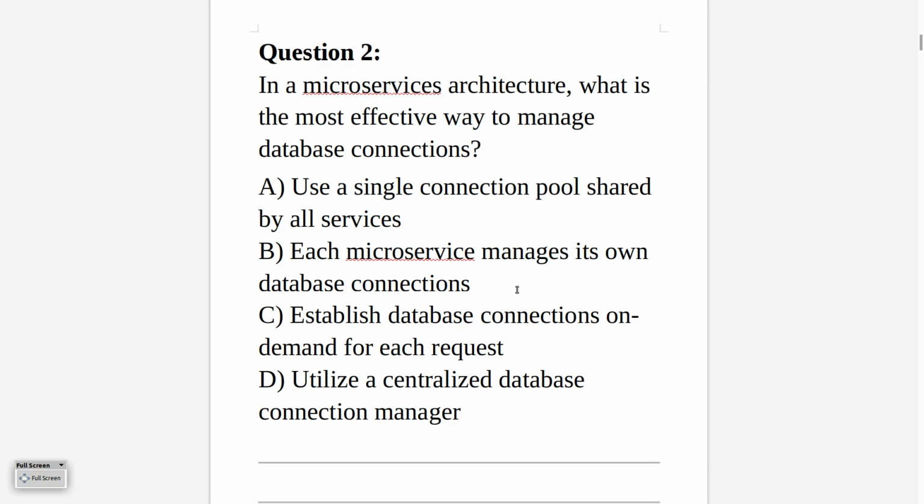Establish connections on demand for each request? No, I don't see the point of that. I'm sure there's overhead when you make the initial connection, so why you would make a new connection every time you had a request, I can't believe that's right. It's A or D, but I don't want to think about it too hard. I don't want to reinforce some logic that's incorrect. Let's just see what the answer is.